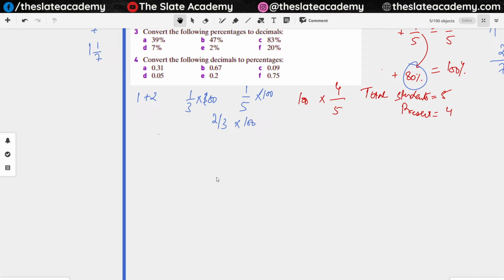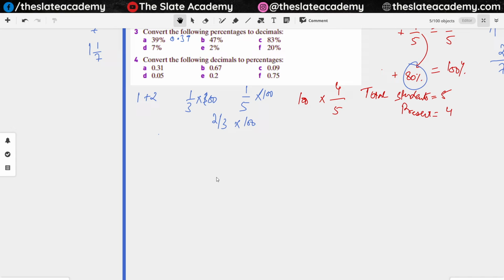Now you have percentages and you need to convert them into decimals. Not in the fraction. 0.39. Excellent. This would be 0.39.